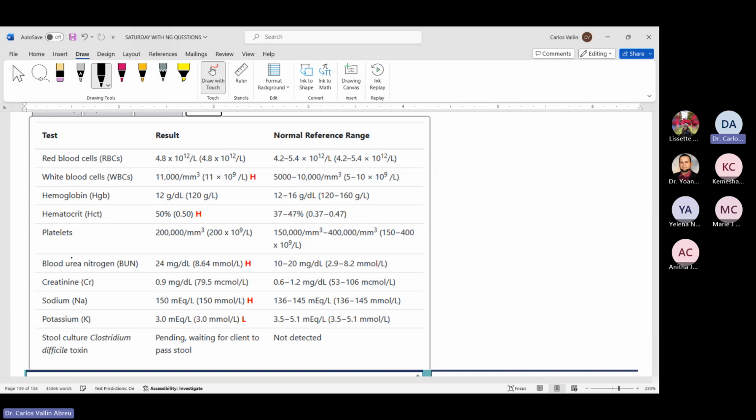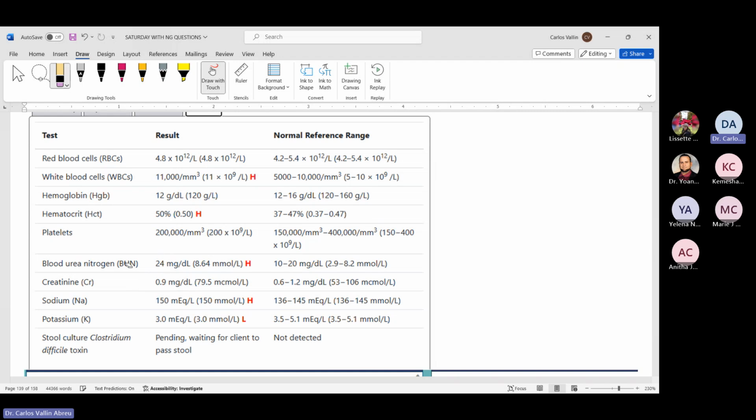Platelets are normal. BUN 24 a little high, but also the BUN elevates when there is dehydration. The creatinine is normal. When you have normal creatinine and elevated BUN, this is dehydration. If both are elevated, it's renal failure. But when the creatinine is normal and the BUN is elevated, it's dehydration.